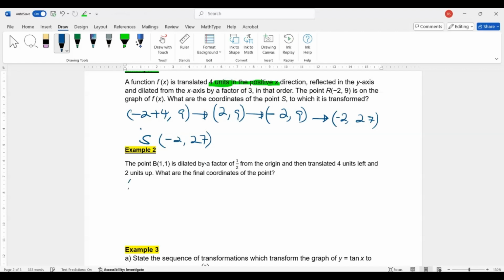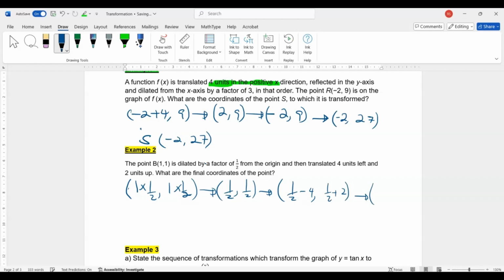So that's going to be a half times 1, and a half times 1 as well, which gives me a half. Then it is translated 4 units to the left, so that's a half minus 4, and a half plus 2. That gives me negative 7 over 2, 5 over 2. So that's how we do that example.